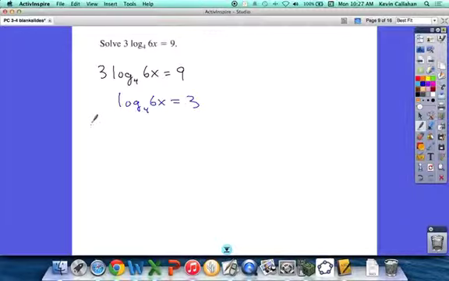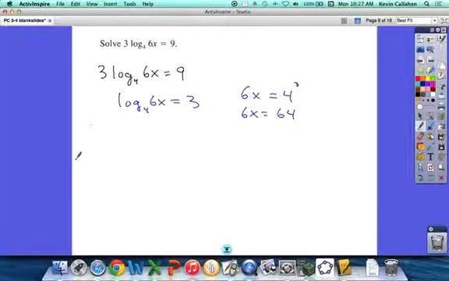Convert to an exponential. What will be the exponential? The base will be 4, so 4 to the 3rd equals 6x, right? 4 to the 3rd equals 6x. So 6x equals 64.